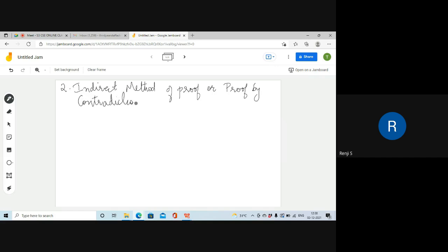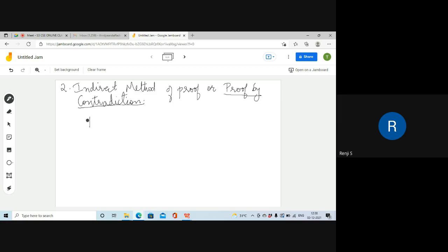We often call it proof by contradiction. So the question will say prove using proof by contradiction, or prove using indirect method of proof. The question will be given to you whether to use rule CP or the indirect method of proof. So let us see what this is.